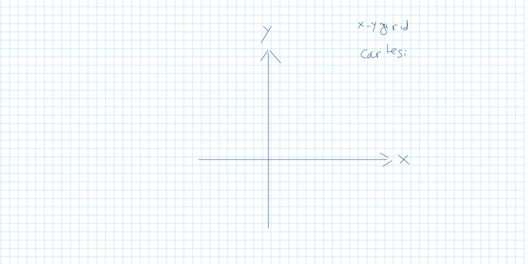On the Cartesian plane, you can find points. What goes on this side on the x numbers? These are the positive numbers: 1, 2, 3, 4, 5, and so on. And then these are the negative x values. On the vertical line, which is the y values, I have the positive y values and I have the negative y values.